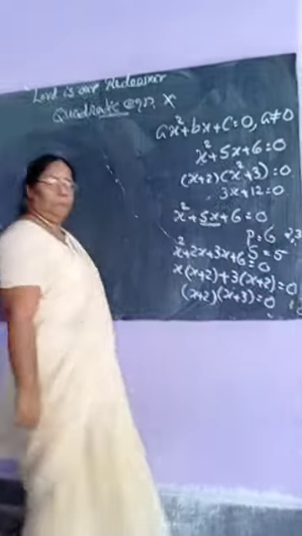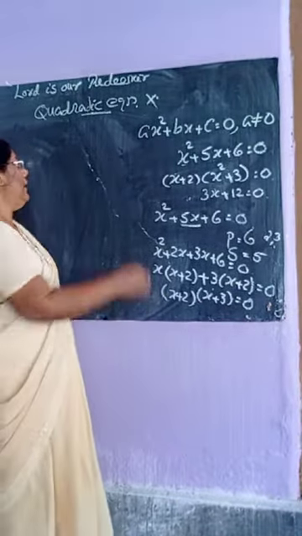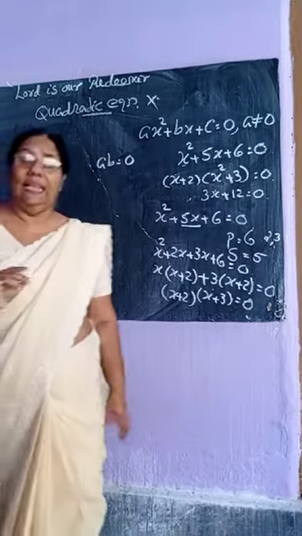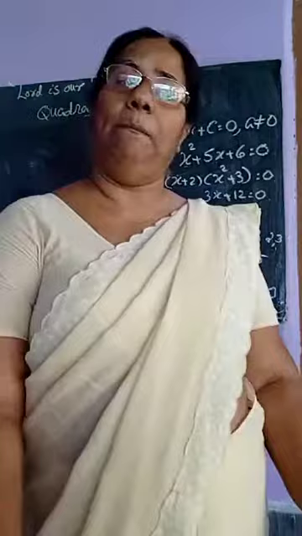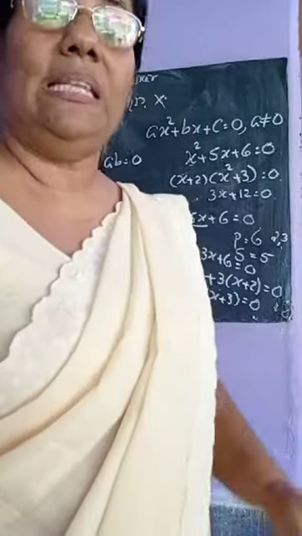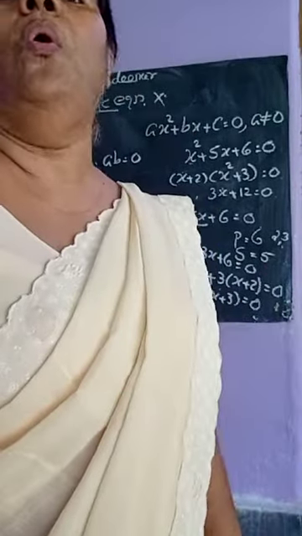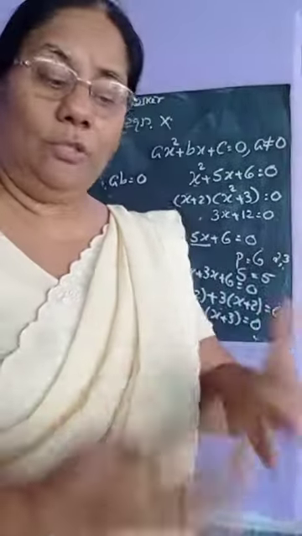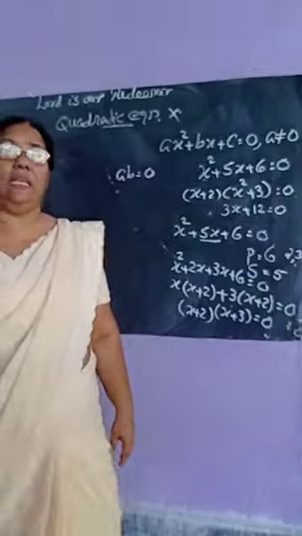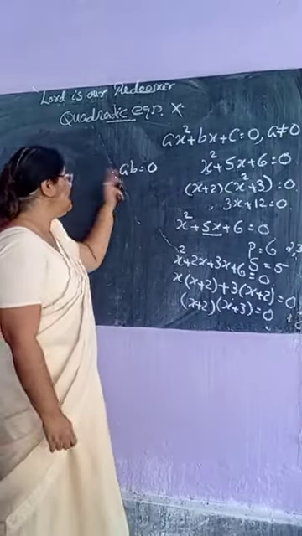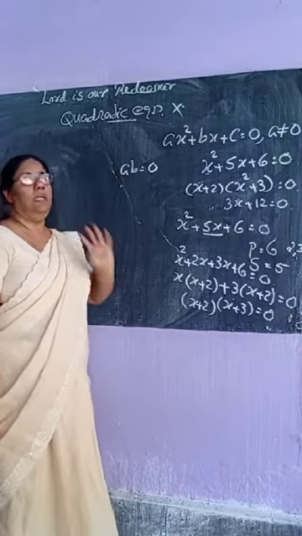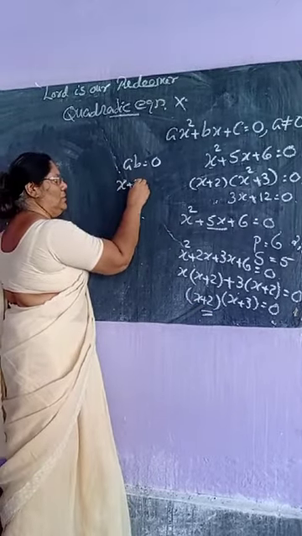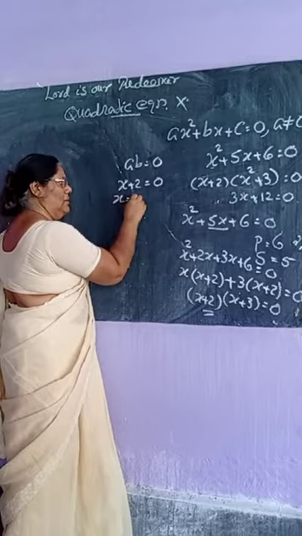Agree? In maths, look here. AB equal to 0. In maths, if the product of two numbers equal to 0, it means either A equal to 0 or B equal to 0. Understand? When you multiply two numbers, if the answer is 0, the meaning is either this A equal to 0 or this B equal to 0. That means here x plus 2 equal to 0 means x equal to minus 2.